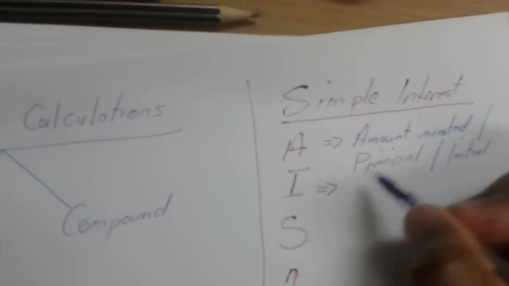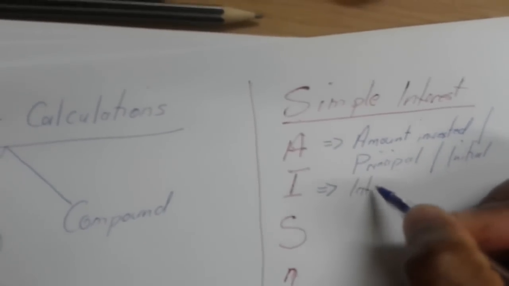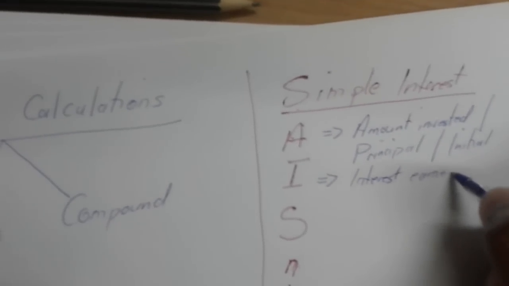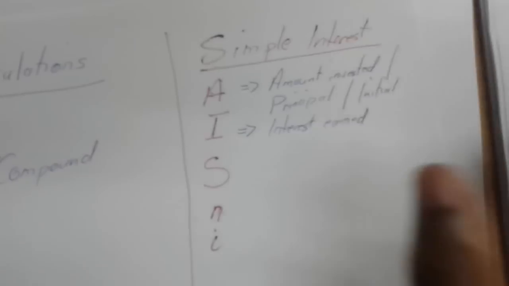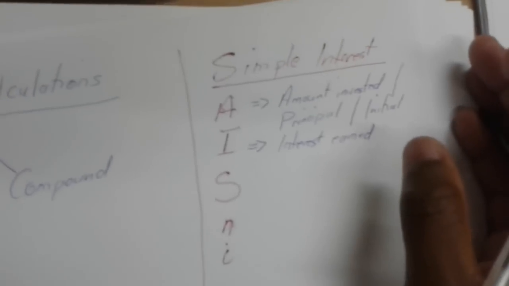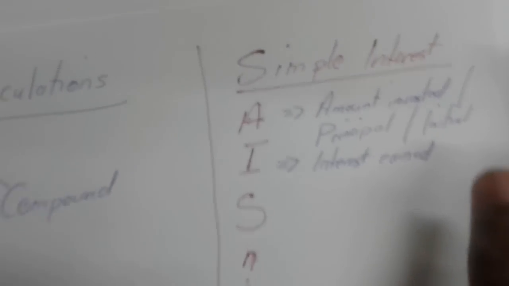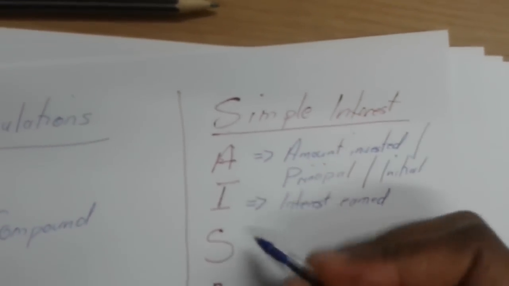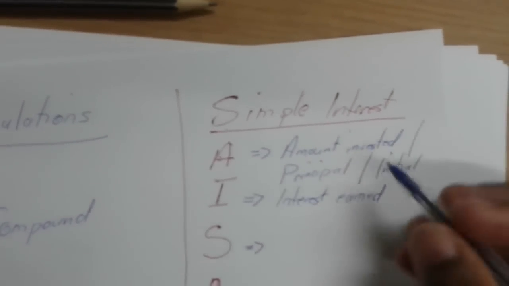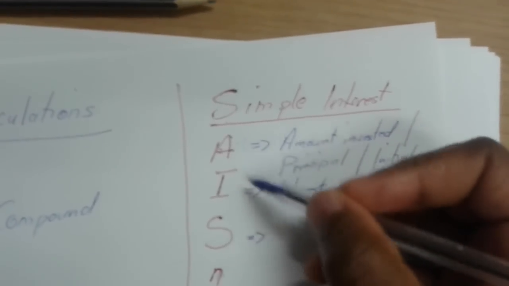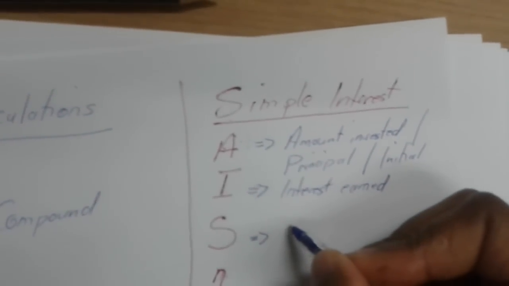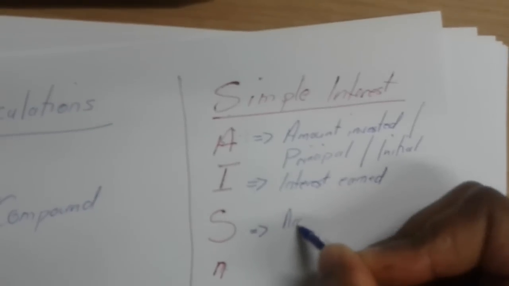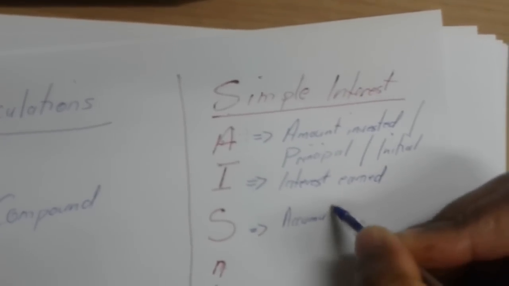Okay, so let's look at I. So I, the big I, is simply the interest earned. This one is straightforward. Interest earned. I always wears the same clothes. The accent does not change. So yeah, and then S will be, of course, the total of these two, which is, sometimes they call it accumulated amount.